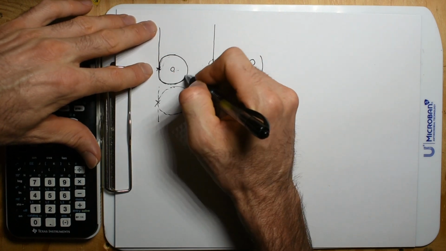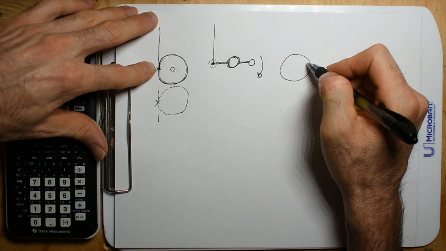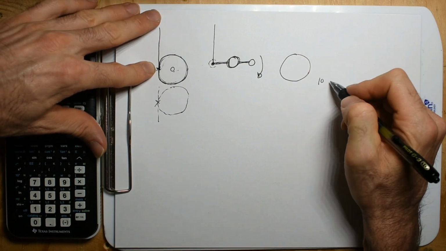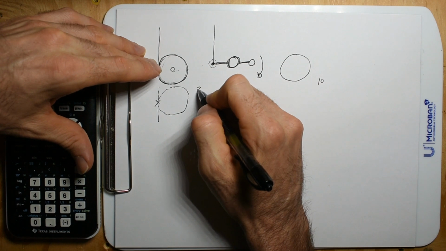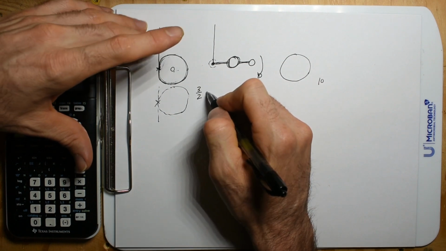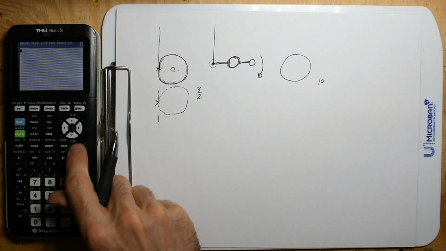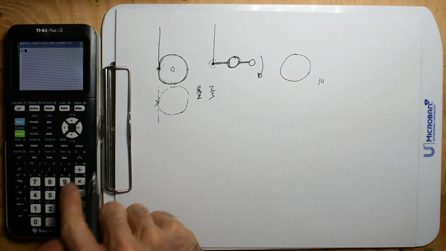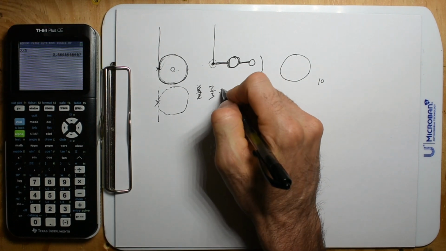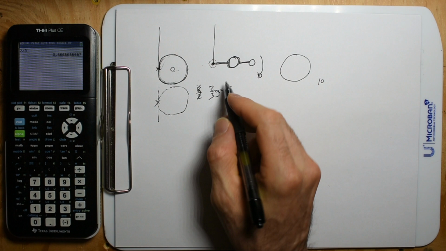If you take this disc, it doesn't fall in free fall. If you just dropped a mass, it would fall at 10 meters per second squared. But for this disc, we run the calculations, and it's 3 halves. Is that right? No, it's 2/3. Sorry about that. It's less than gravity.